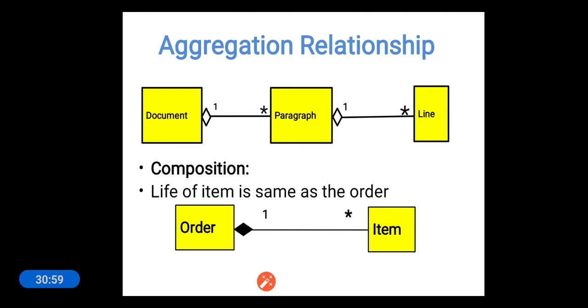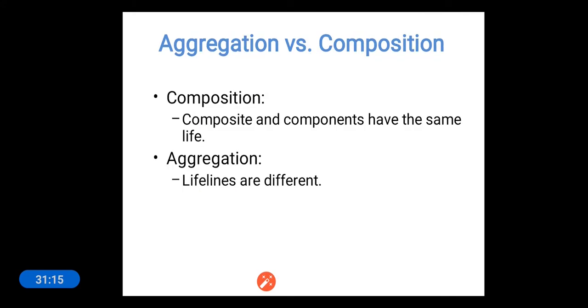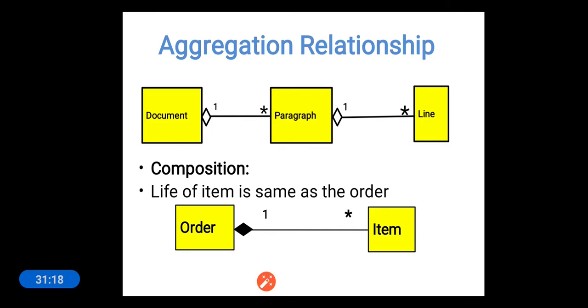And even though there are at least two paragraphs, we can say the paragraph is present, but can we say the document is present? No. Why? Because we can't term a single paragraph as a document. That means the lifetime of the objects which are having an aggregation relationship is different.